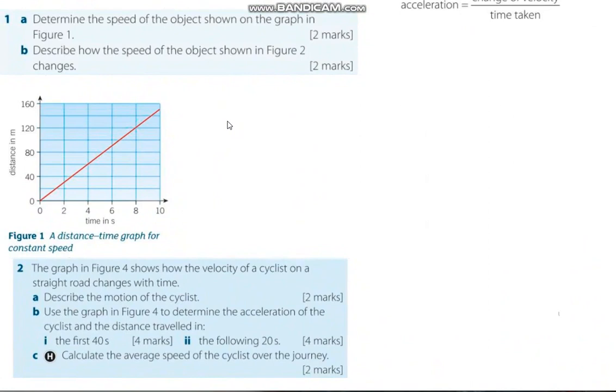So our gradient is given by the vertical change divided by the horizontal change. So here's our triangle here, I'm highlighting. Now the vertical change, the line here goes up to, it's actually slightly below the maximum on the scale. So the maximum on the scale going across the top here is 160, but our line is slightly below that.